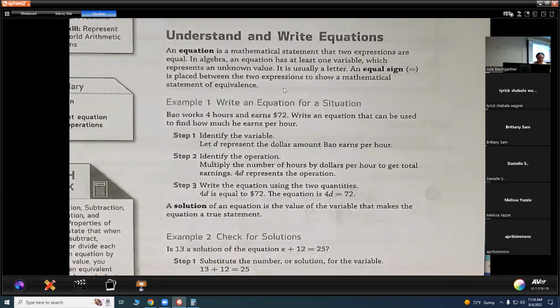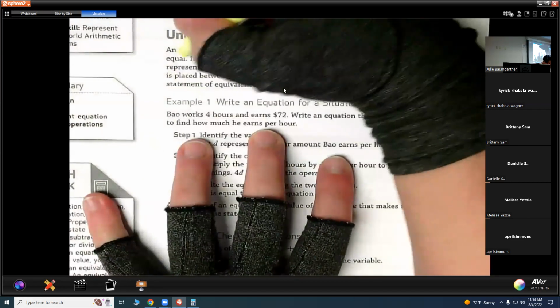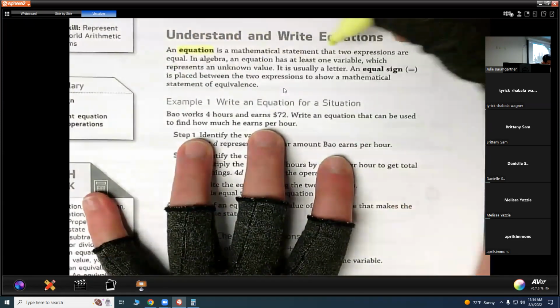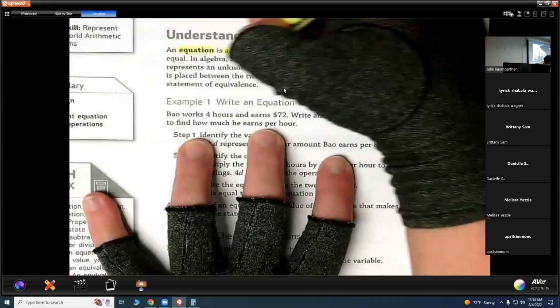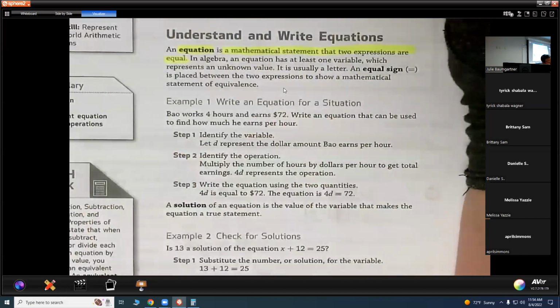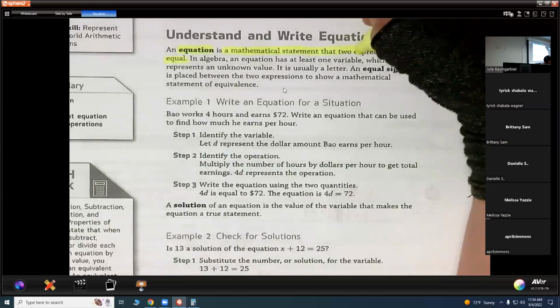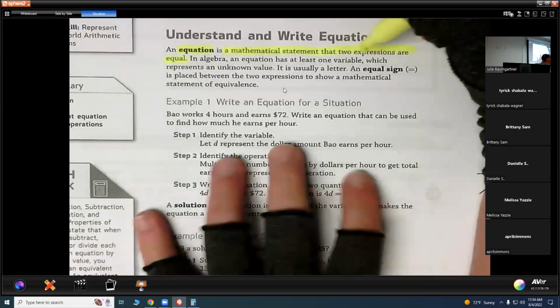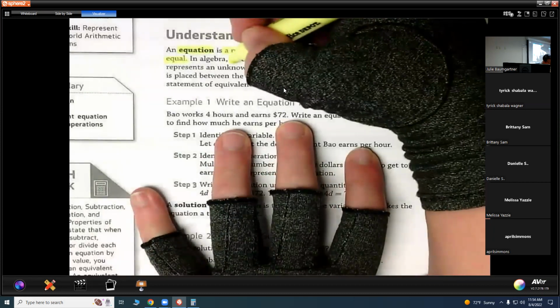All right, so an equation is a mathematical statement that two expressions are equal. That's why this word, equation, has that beginning, right? In algebra, an equation has at least one variable, which represents an unknown value.